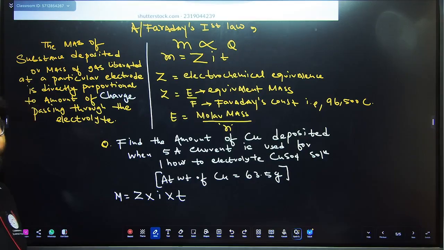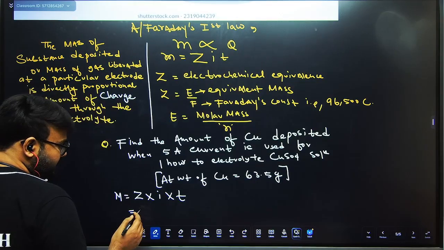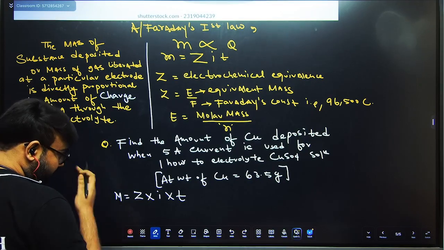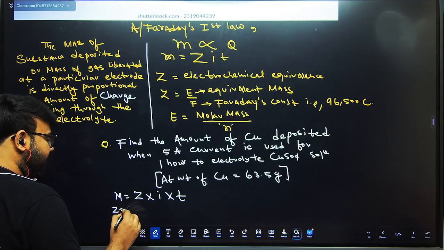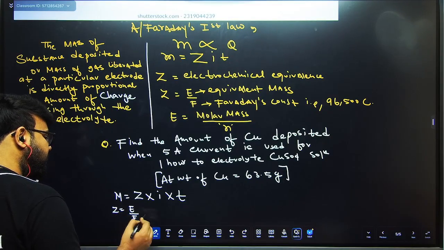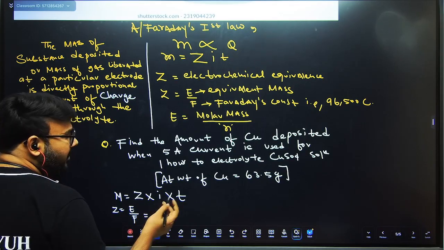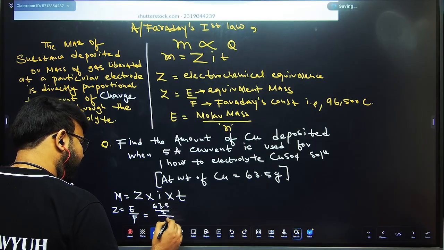Very good, 5.92 is the right answer. So guys, Z is equal to E by F, and E will be how much? 63.5 by 2.